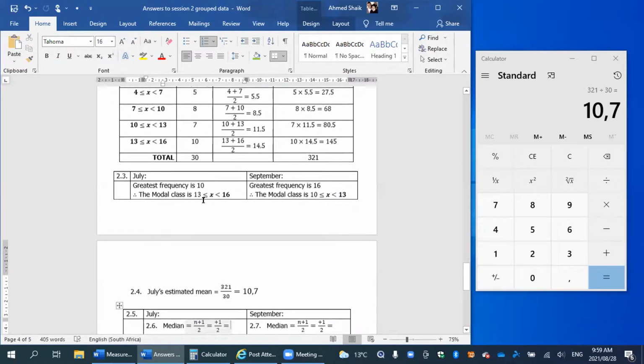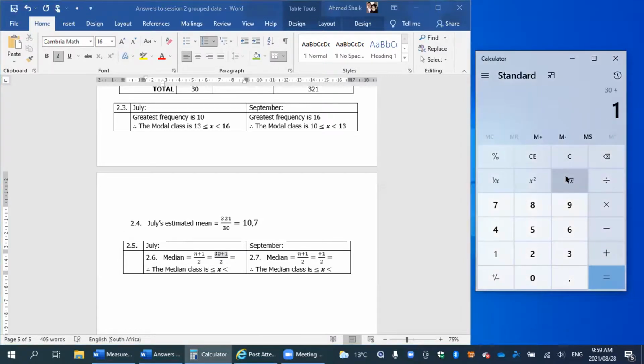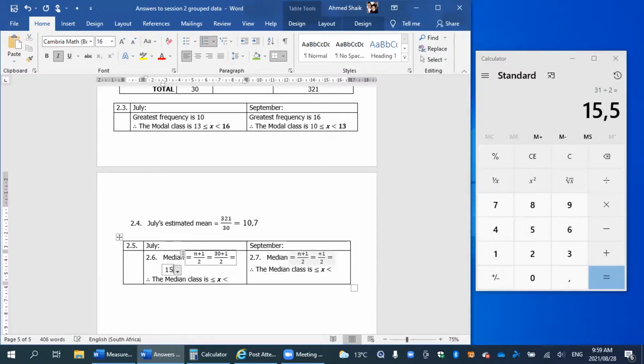Remember, n is 30. So let's input that into our formula. We've got 30 plus 1 divided by 2, and that tells us it's 15,5.